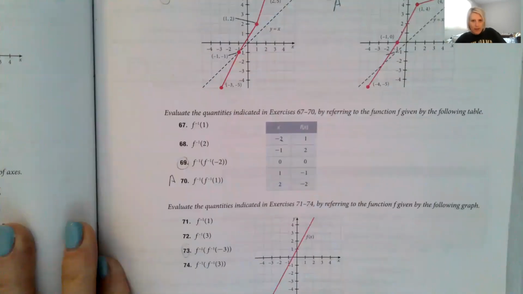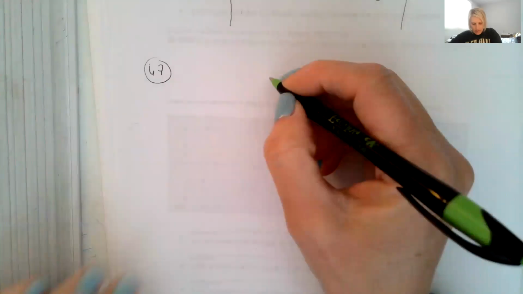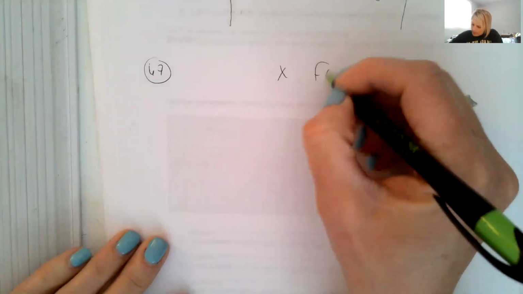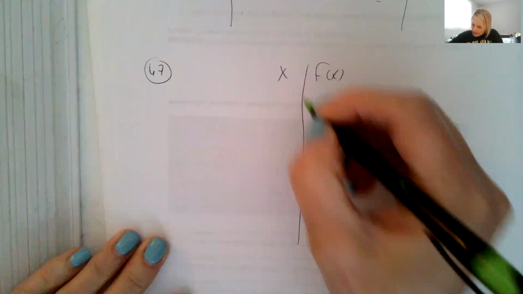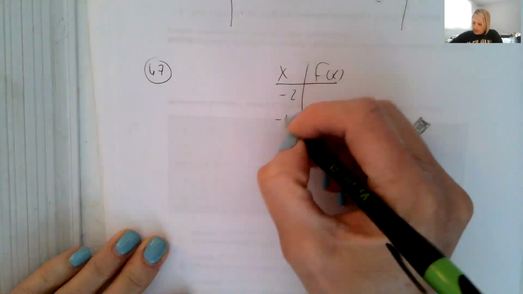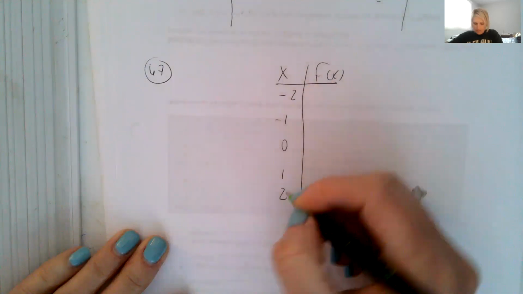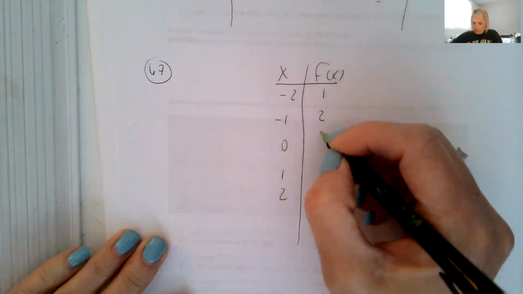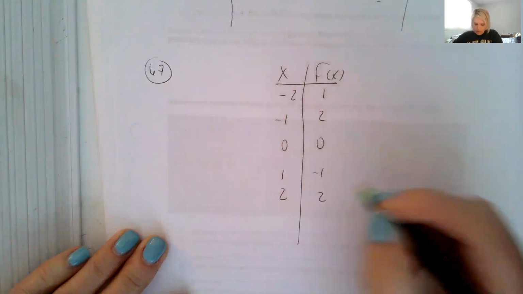So I'm going to rewrite this table. It might help you to rewrite the table here. This is going to be 67. So I'm going to just rewrite the table. And we have -2, -1, 0, 1, and 2. And then 1, 2, 0, -1, and -2.